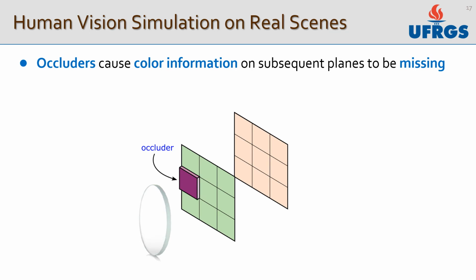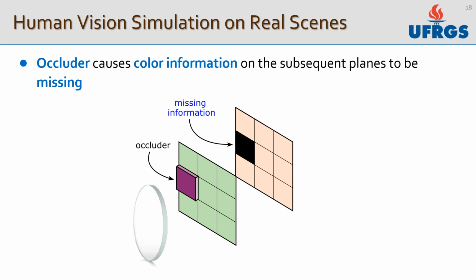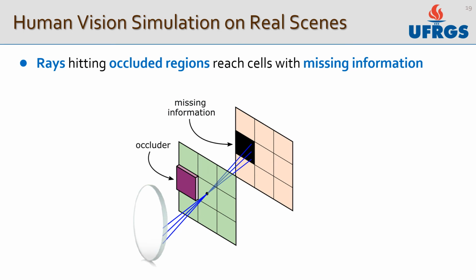We will now see what happens in some important cases encountered when casting rays. What happens if there is an occluder on the closest planes? The occluder causes color information on the subsequent planes to be missing. The rays that should be hitting the occluded region will land on regions without color information, most likely causing artifacts.